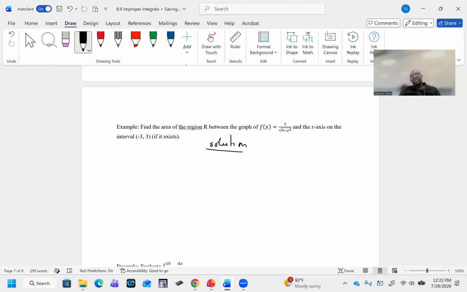So by symmetry of the area, let me first write why I'm using symmetry.